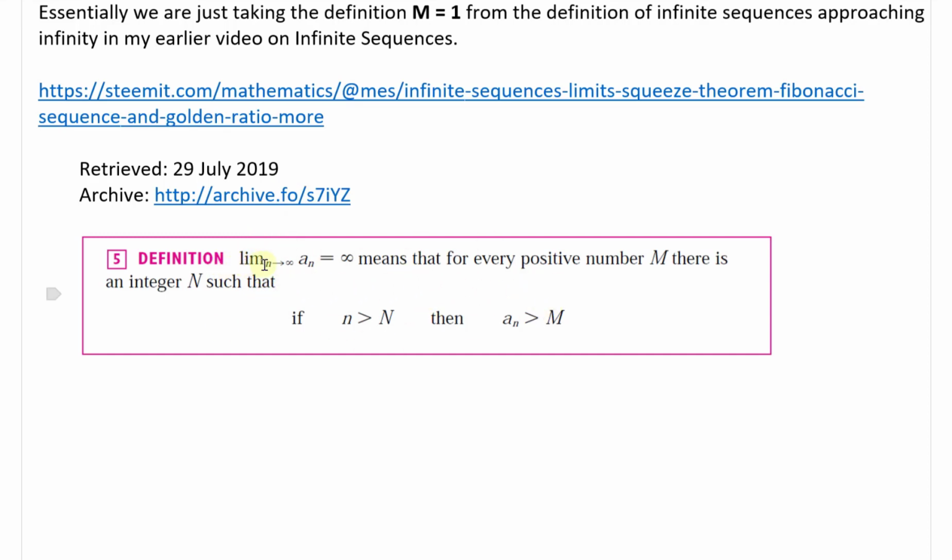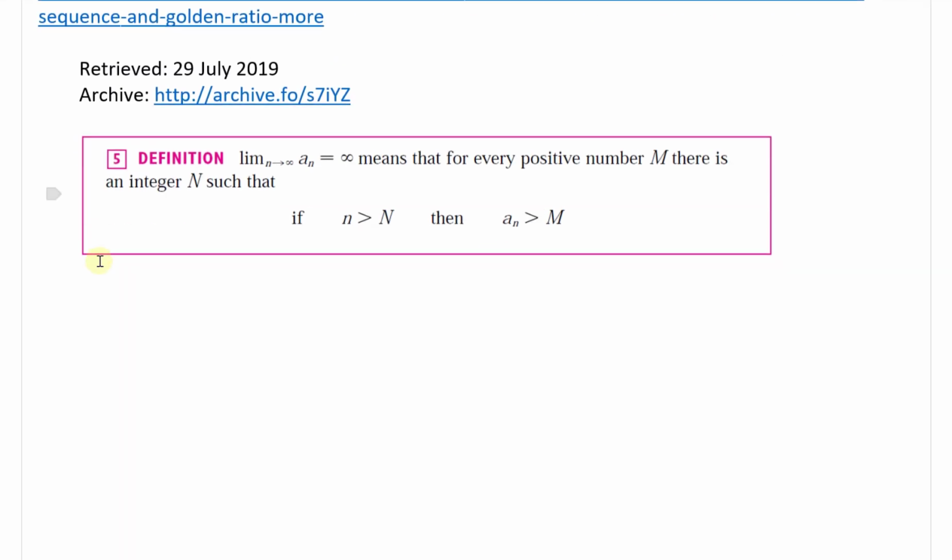Recall the definition: the limit as n approaches infinity of an equals infinity means that for every positive number capital M, there is an integer capital N such that if n is greater than capital N, then an is greater than capital M. It could be anything, because you're approaching infinity. This could be 100,000, but there's still going to be a number capital N such that for n greater than it, the terms will be greater than this number, because infinity is pretty big.